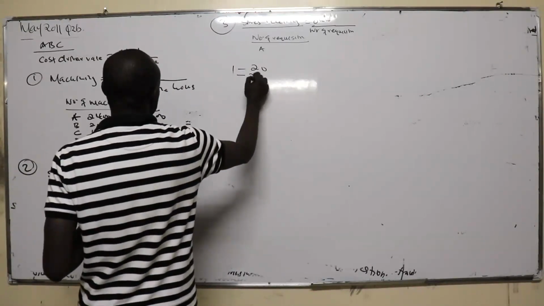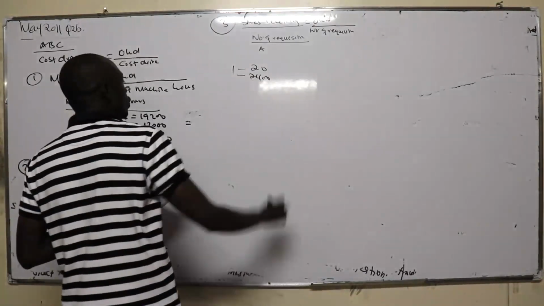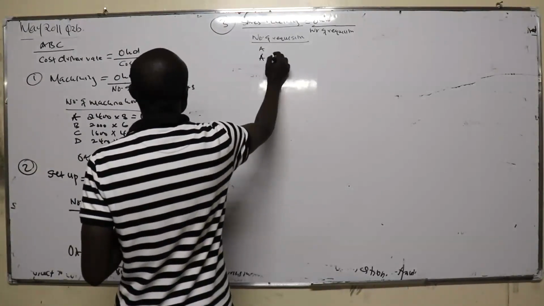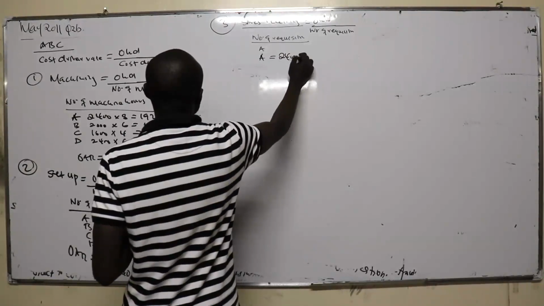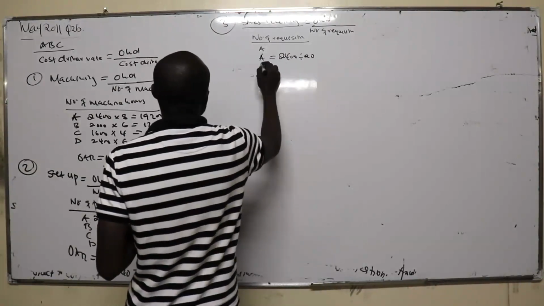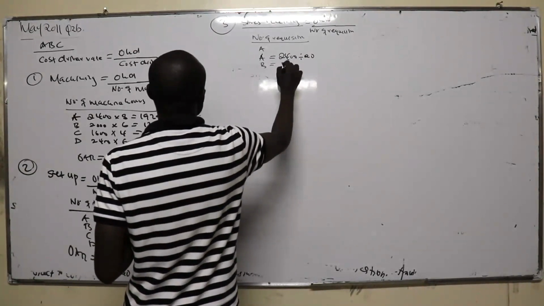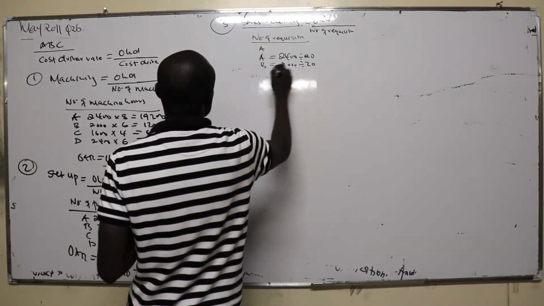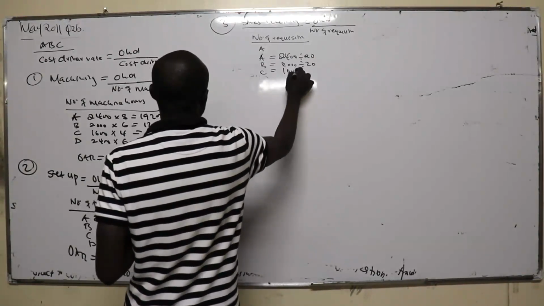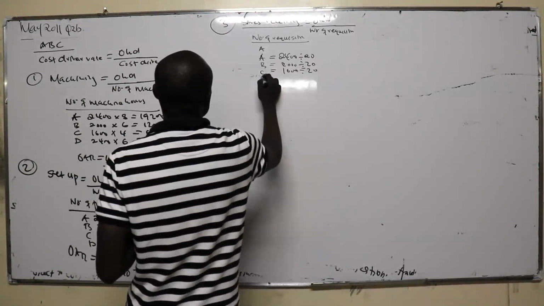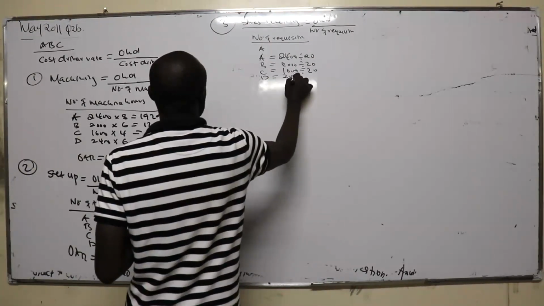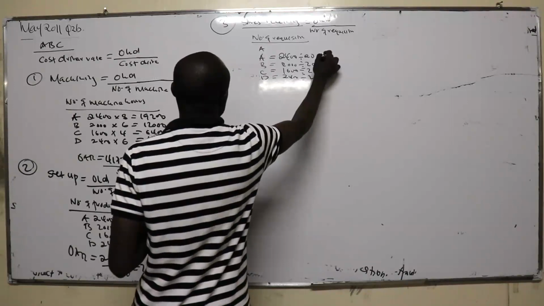What about 2,400 units? Product A is 2,400 units, divide by 20. Product B is 2,000 units, divide by 20. Product C is 1,600, divide by 20. And product D is 2,400, divide by 20.